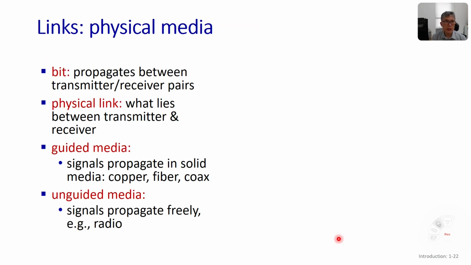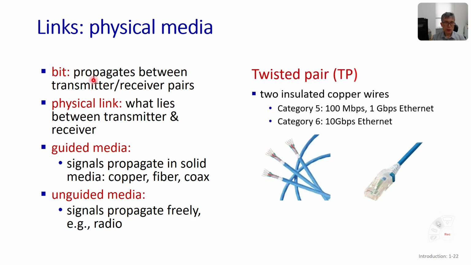So for bits, physical link, guided media, unguided media: the bit propagates between transmitter and receiver pairs, and the physical link is what lies between transmitter and receiver. The physical link may be wireless, as in Wi-Fi wireless LAN, or a wired link, as in Gigabit Ethernet.